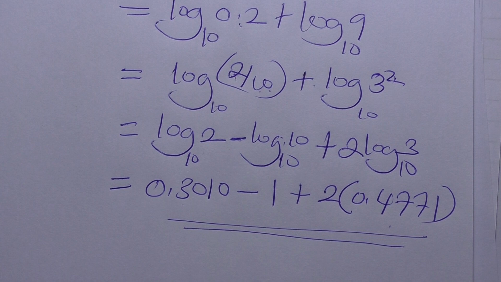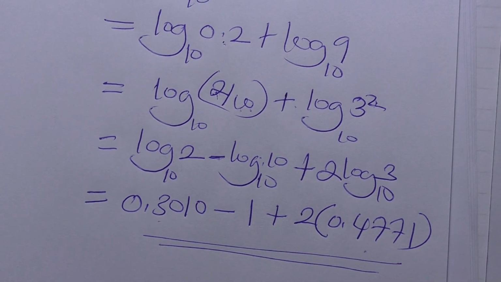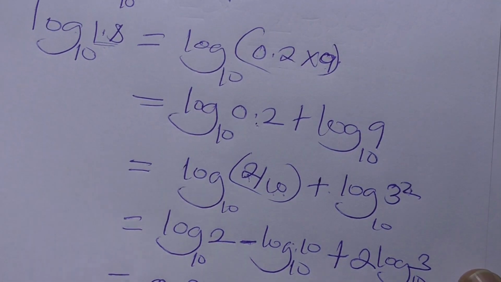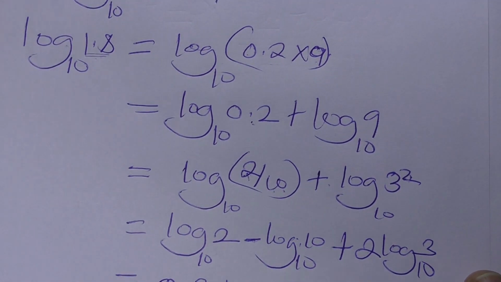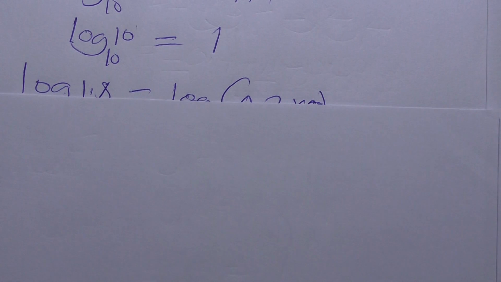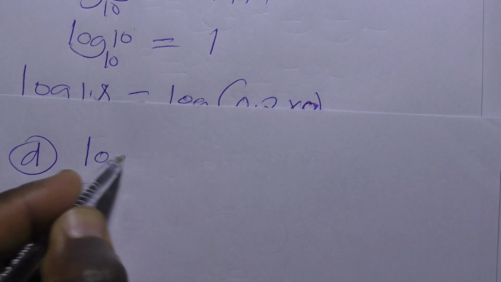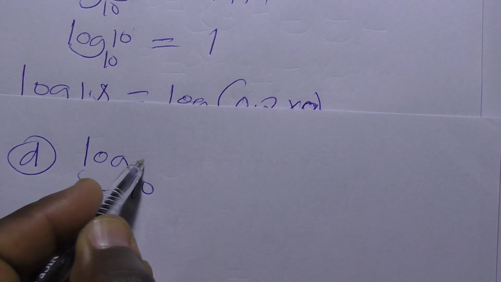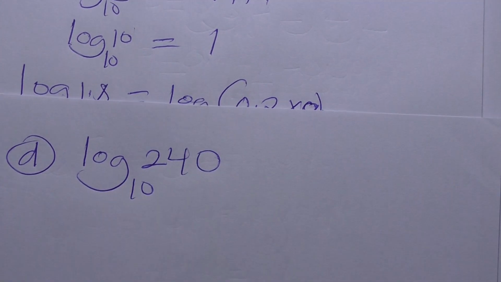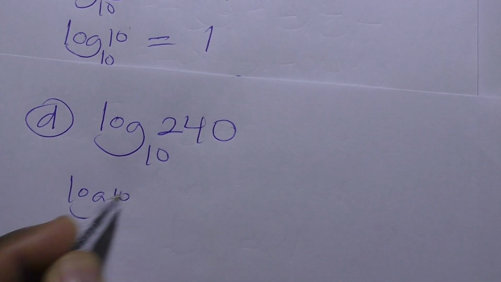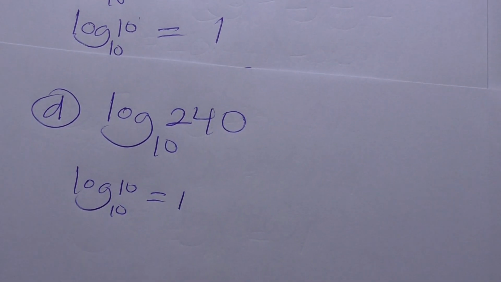Let us look at our last part of number 4. Our last part, that is part D, is requiring us to find the log of 240. Remember, we have log of 10, which is 1.